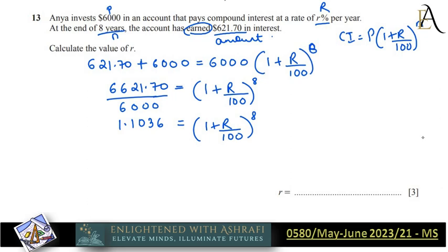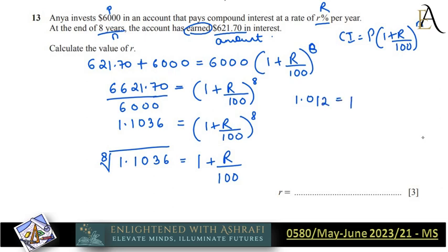Now let's take the roots. So this becomes the 8th root of 1.1036 equals 1 plus R upon 100. Let's calculate this root. It comes to 1.012 equals 1 plus R upon 100.